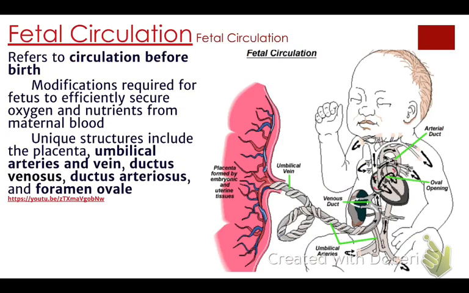Fetal circulation. So the structures for fetal circulation that I want you to make sure that you review are, what they refer to as the arterial duct, the ductus arteriosus.